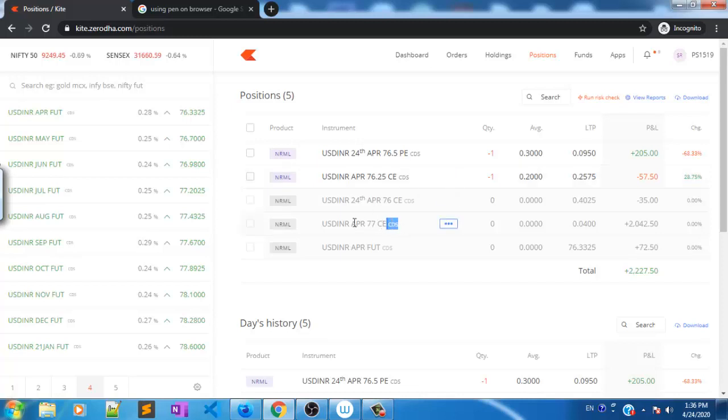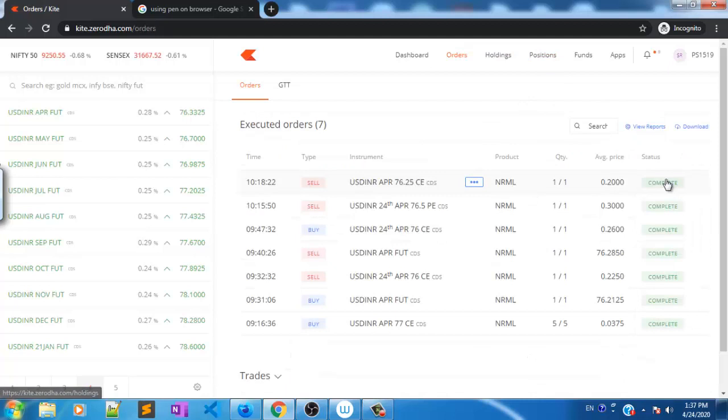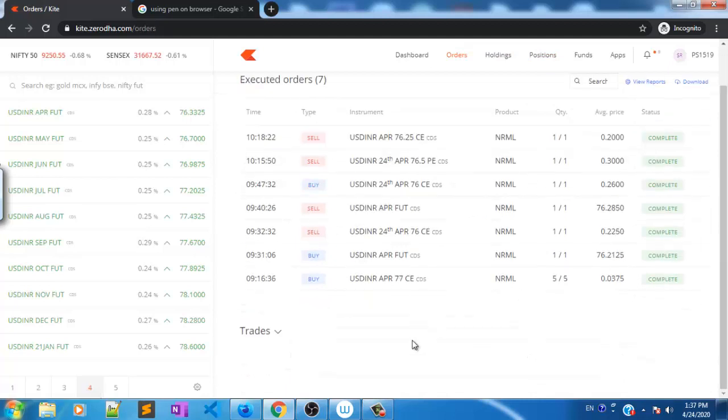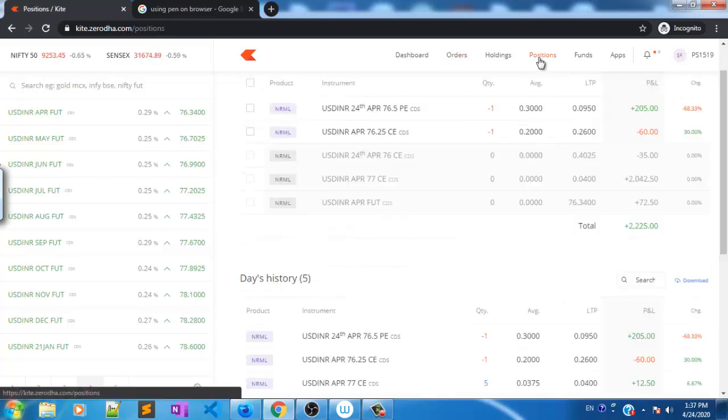Here we will mainly focus on this particular trade where I have made a profit of 2042 rupees. We'll see the order book first. You can see I have bought back the 77 CE strike call option, 5 lots at 0.0375 rupees, and in this trade I have made a profit of 2000 rupees on 5 lots.